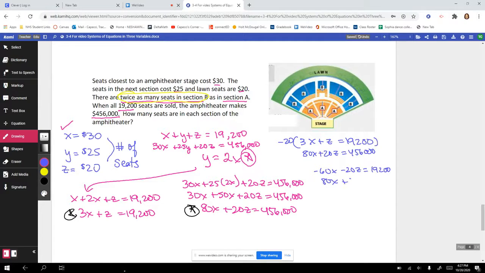And I have 80x plus 20z is equal to 456,000. Oh, wait a second. I just realized I forgot to multiply that 19,200 by 20. Let's go back and fix that one. That becomes negative 384,000. So when I add them, I get 20x is equal to 72,000. So x is equal to 3,600. And then I also know that y is equal to 7,200.